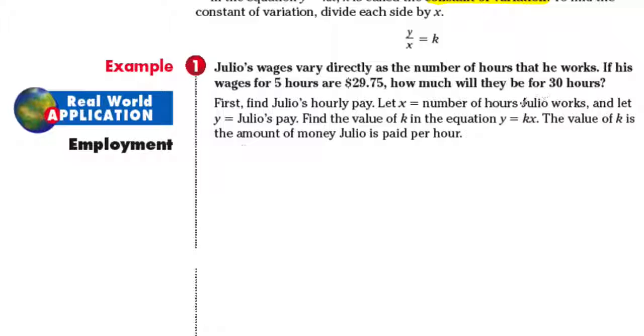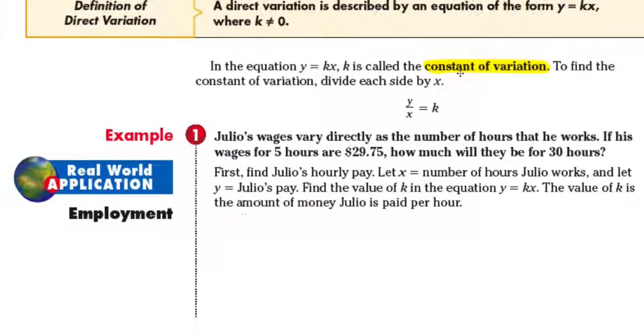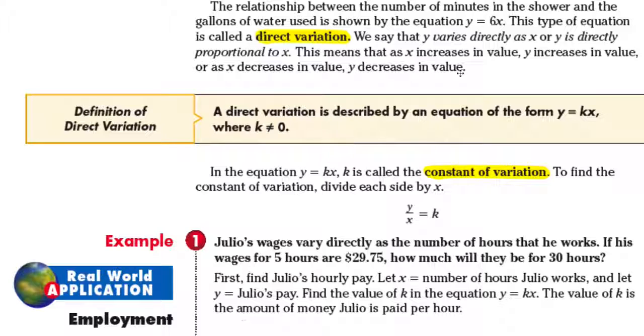Okay, so again, Julio's wages vary directly as the number of hours that he works, and we go back to the definition and say that in this case y varies directly as x. So that means our y will be Julio's wages, and the number of hours that he works will be our x.